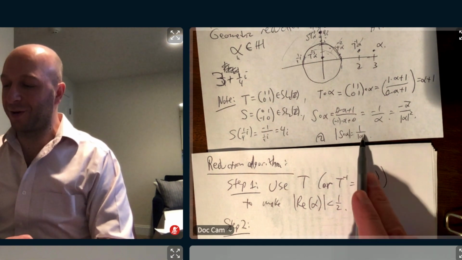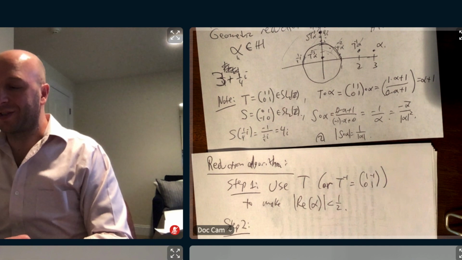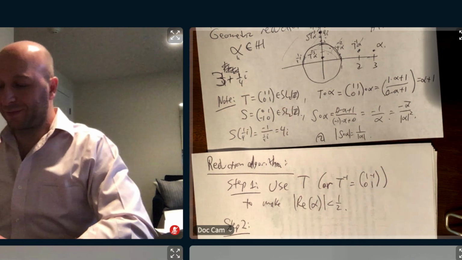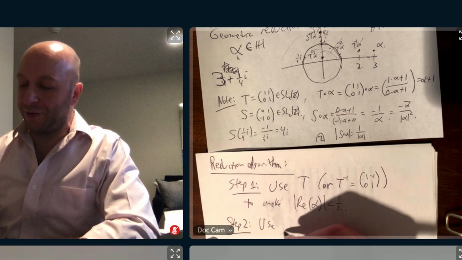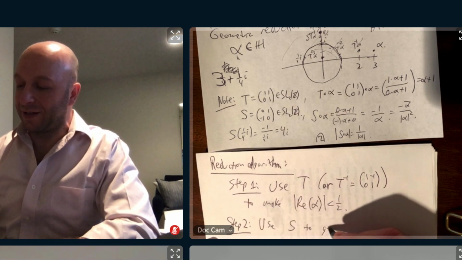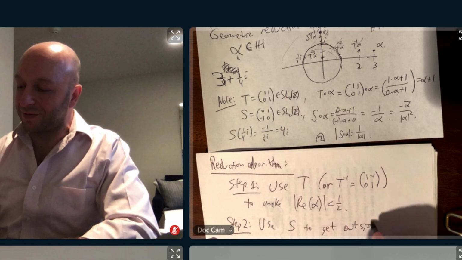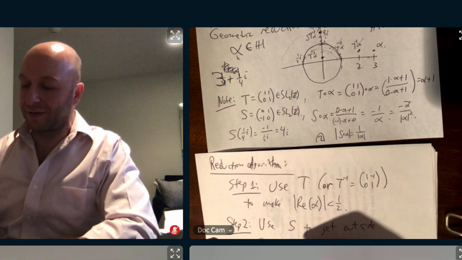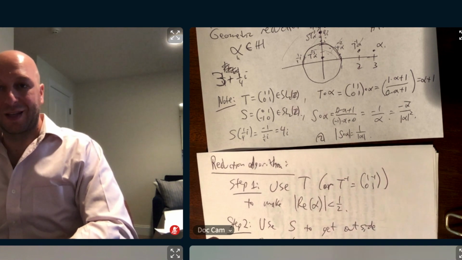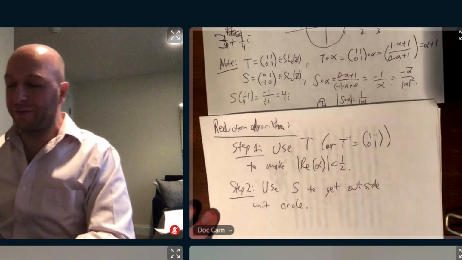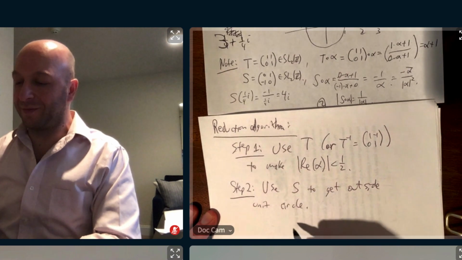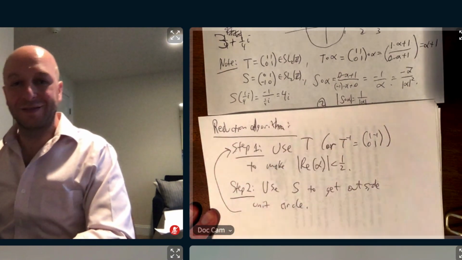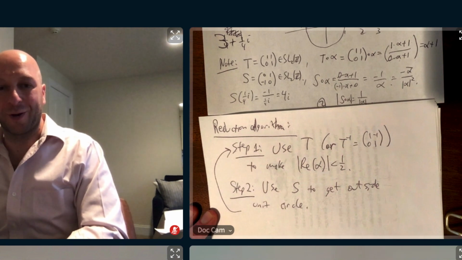Does everybody see that? So step 2 is use S to get outside the unit circle. And then if need be, just continue this over and over again until you can't continue anymore.